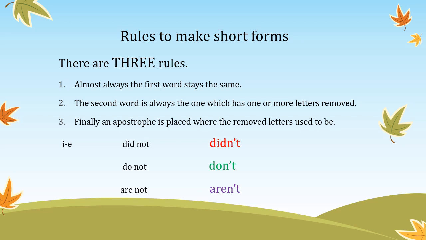Are not is the third word and the short form is aren't. Okay, so there are 3 things to remember whenever you make short forms. You just keep these rules in your mind.